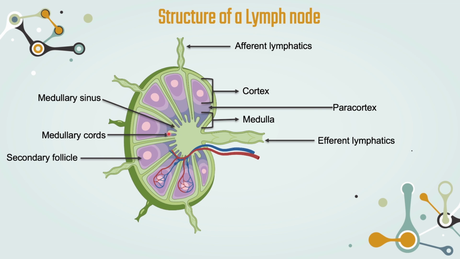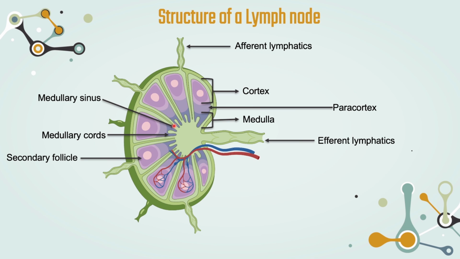So medullary cords, they have plasma cells and lymphocytes. So they are packed with plasma cells and lymphocytes. But medullary sinus is unique because it has macrophages.